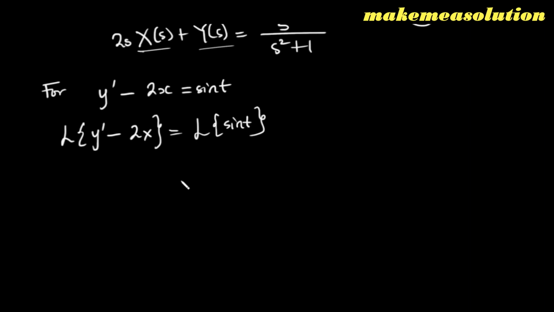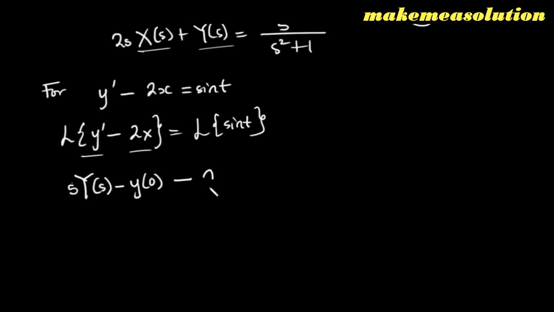So once we have it like this, what are we going to do next? As usual, the Laplace transform is linear, so you can take the Laplace of this and the Laplace of this at once. This is a y prime, so the Laplace transform of y prime is going to give you s, capital Y of s, and minus y of 0. Is that okay? That's for the Laplace transform of y prime.